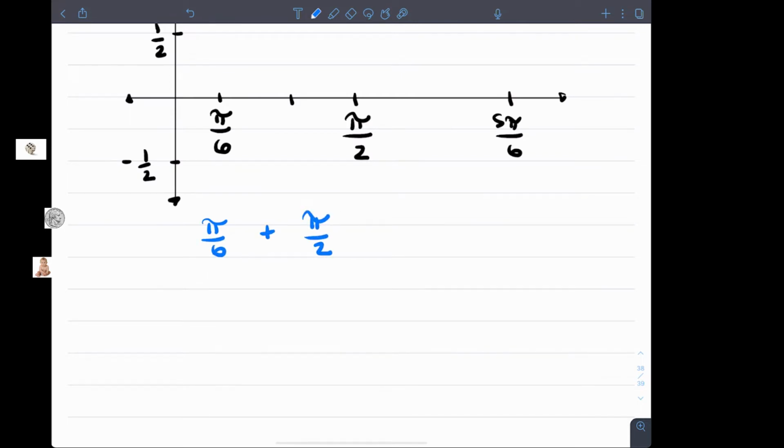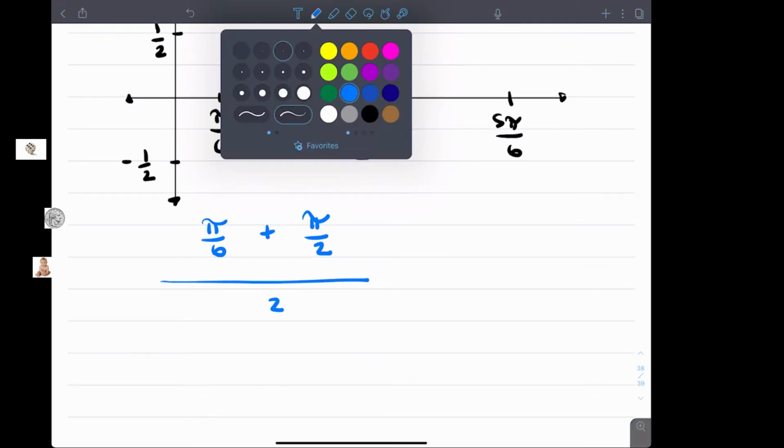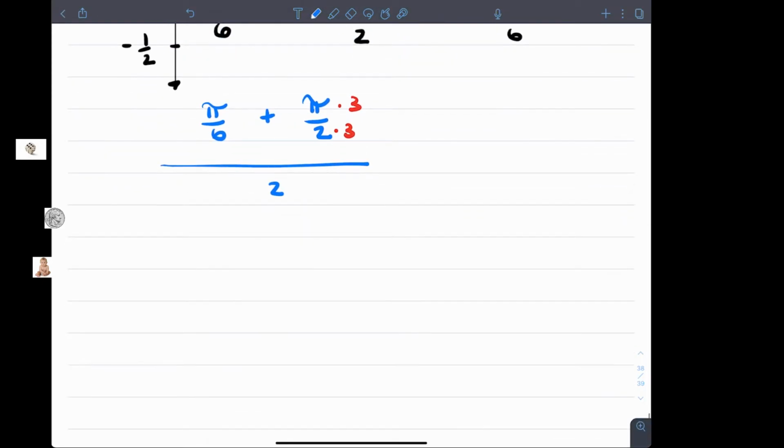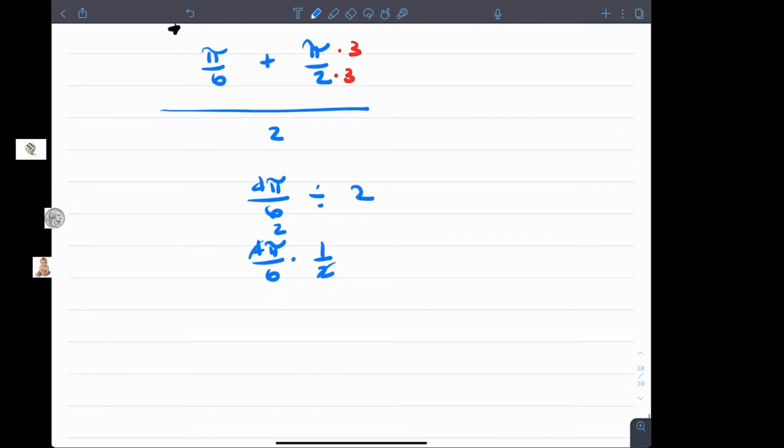Okay. Do you guys remember? We need the same denominator. So how do I get the same denominator? 3 times 3? Is that true? So 3 pi plus pi gives you what? Right, this will be 4 pi over 6 divided by 2. 4 pi over 6 times what? 2 pi over 6?